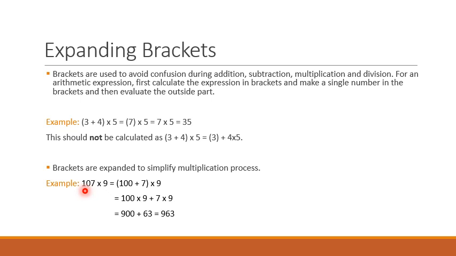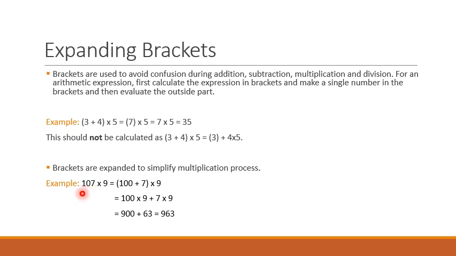If I have to multiply 107 and 9, this 107 can be written as 100 plus 7 in brackets. I have put a bracket because 9 is multiplied to the number 107, which I am expressing as the sum of 100 plus 7. So 100 plus 7 is equal to 107.